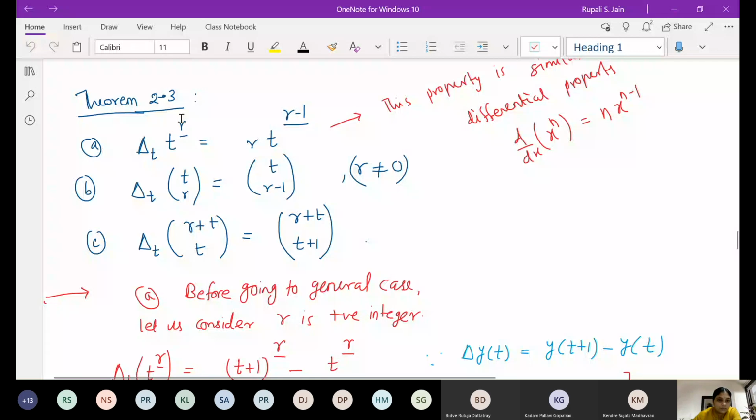This is the most used identity we will use in our next sessions. Remember this one: the first difference of t to the r falling with respect to t is r t to the r minus 1 falling. You can remember this easily because it is similar to the differential property.